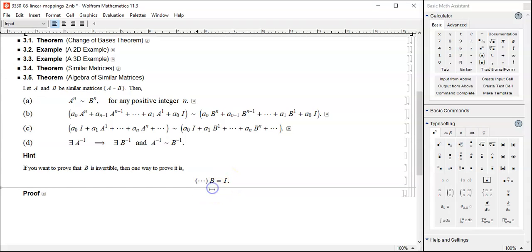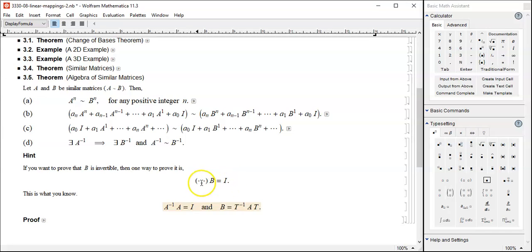Okay? And now, what do we know? This is what you know: A inverse exists, so A inverse times A is equal to I. And B is equal to T inverse A T. Using these two, your job is to figure out a way to get something times B equal to I. Can you work it out?